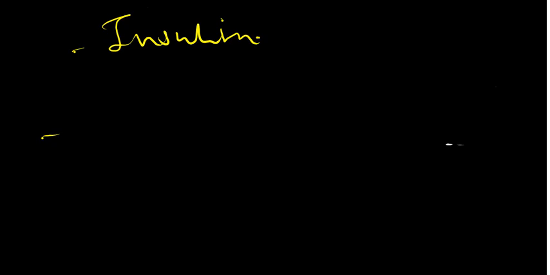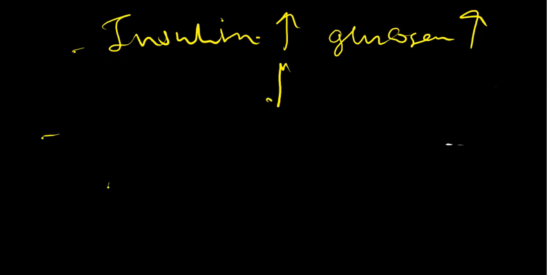Whereas when the level of glucose becomes very low, it promotes the breakdown of this glycogen. So when the glucose is high, we have glycogen formed. When the glucose is low, there's a hormone that we call glucagon that is able to convert this glycogen back to glucose.